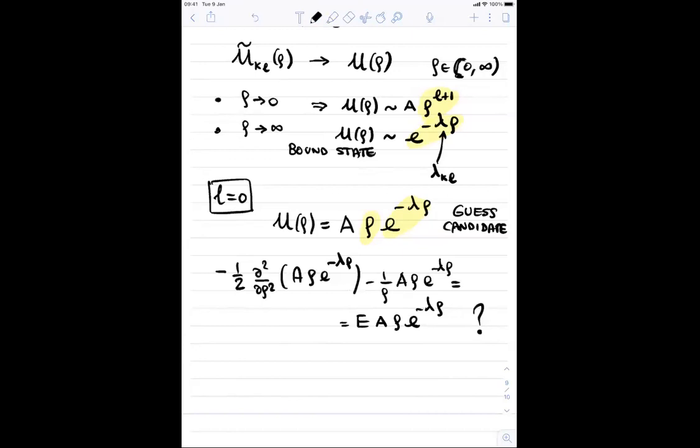So the kinetic part goes to 0 automatically? No, I mean, not the kinetic part. The U goes to 0. The kinetic part is this. You have to calculate the second derivative. I don't understand what you mean by kinetic part.